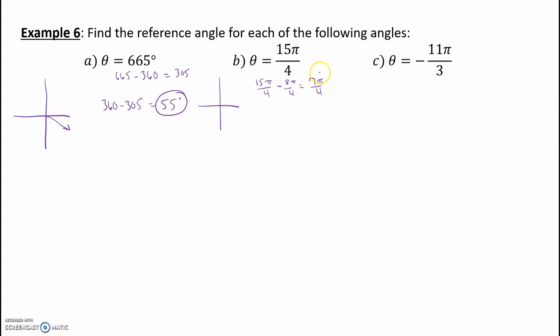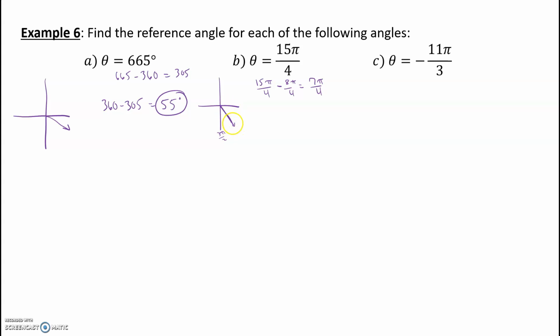And to be honest, you could even subtract it again. I went too far. So we subtracted, we got 7 pi over 4. 7 pi over 4, remember this was pi, 3 pi over 2, which is 6 pi over 4. 7 pi over 4 is a little bit more.